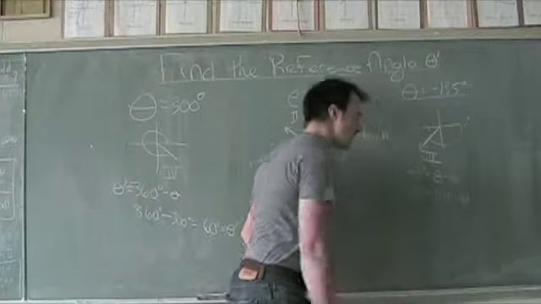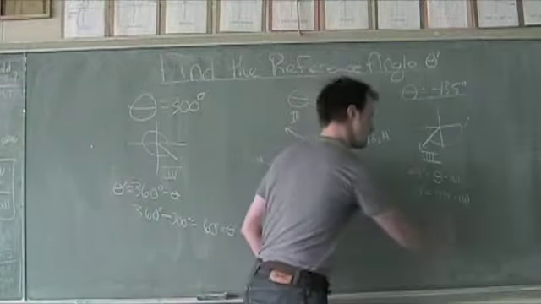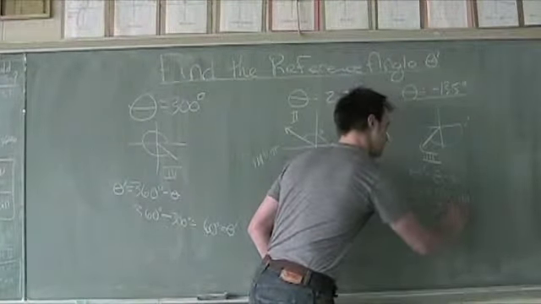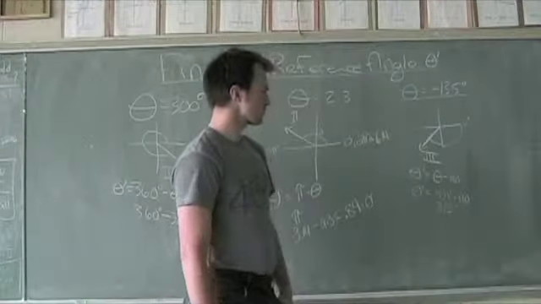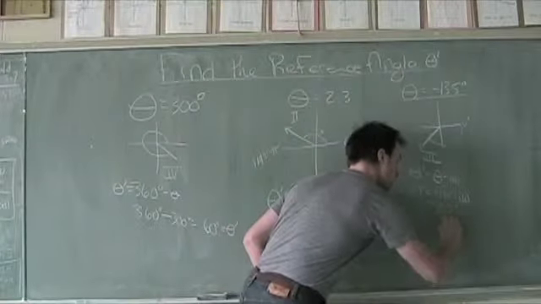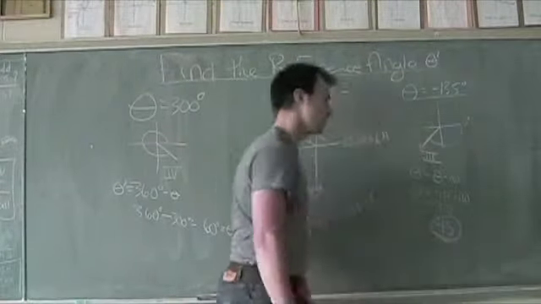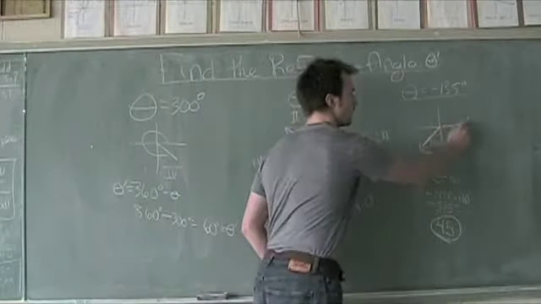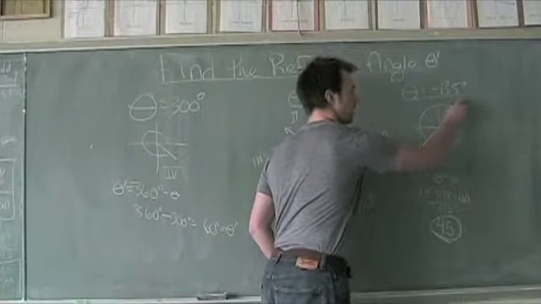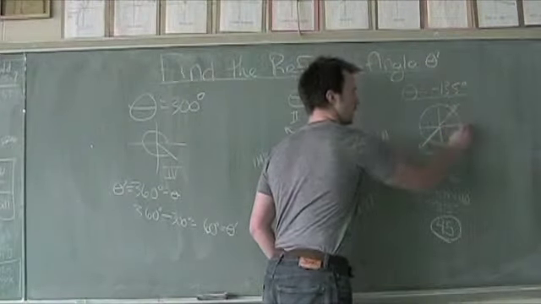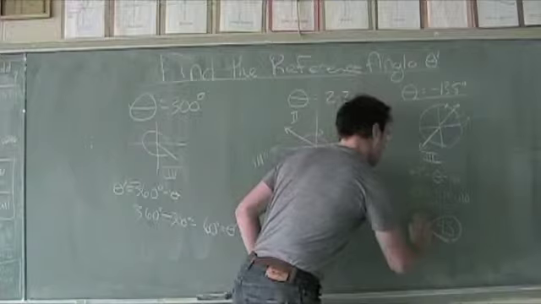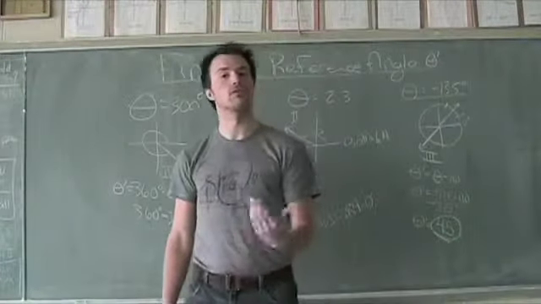Negative 135 minus 180 is actually negative 315 degrees, which corresponds with 45 degrees. So negative 315 is, there's the negative 270. If we go another 45, we're right here, and our lengths are equal on either side. So theta prime is actually 45 degrees.